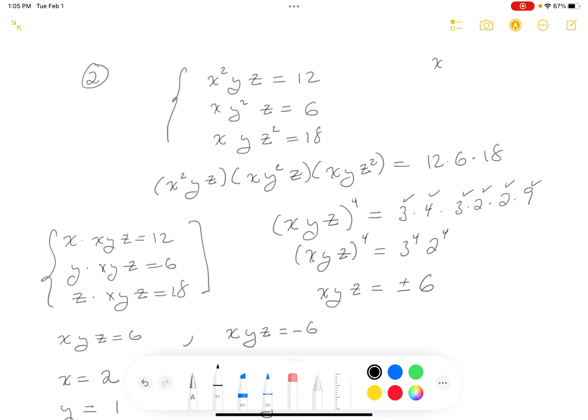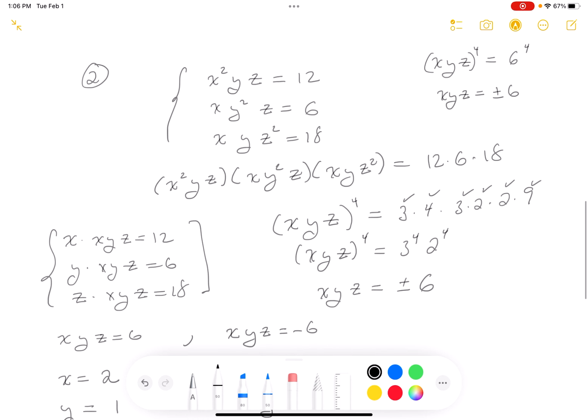So xyz to the fourth power is equal to, as I said, it's really not a bad number. It's going to be 6 to the fourth power. Well, certainly, the obvious answer to this one, we wrote those down, xyz could be plus or minus 6. That's the obvious one.